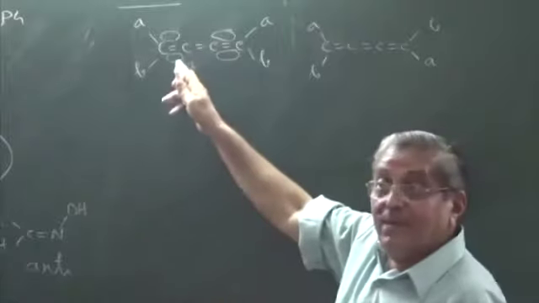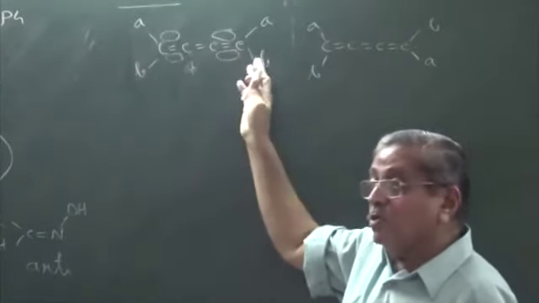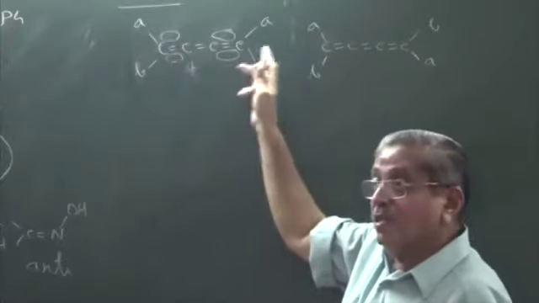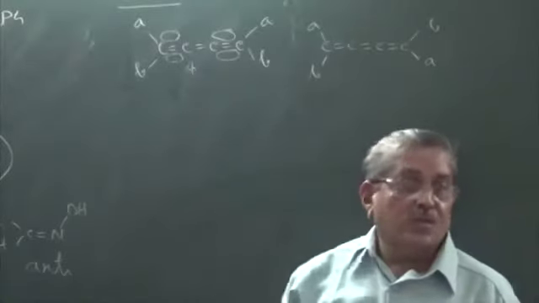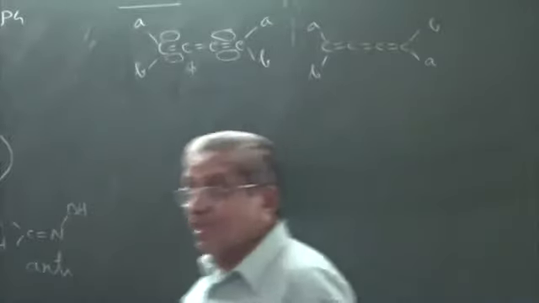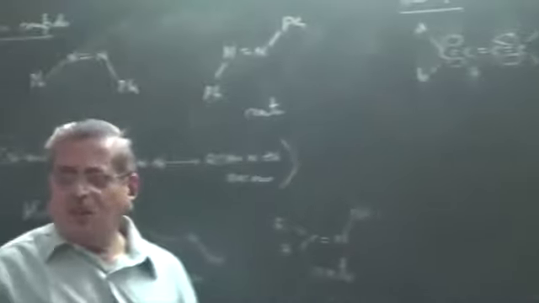So, it can be 1 double bond, 3 double bonds, 5 double bonds or 7 double bonds, provided it is an allene. Allene means the double bonds are continuous, not cut in the middle by a CH2. Continuously it is present, then only it is an allene. So, that is another example for geometrical isomers. Remember, it need not be cis-trans.